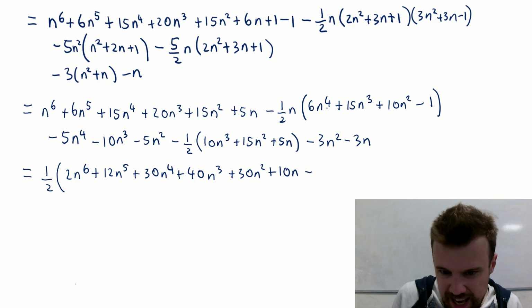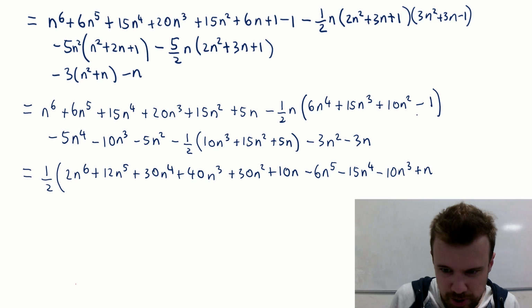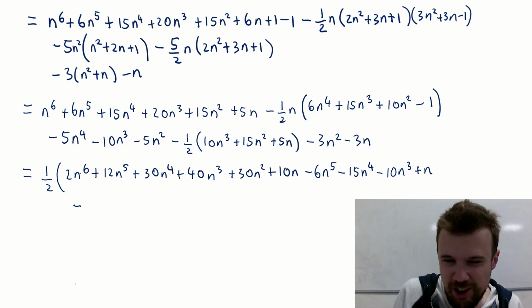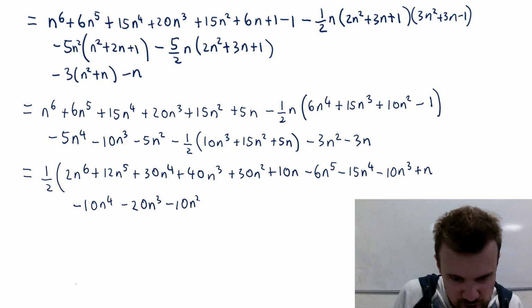Then I'm going to multiply the brackets, so it's minus n times all that stuff, which will get me a minus 6n to the power 5, minus 15n to the power 4, minus 10n cubed, and a minus n. Except it'll be a plus n, sorry, because it already was a minus. And then we're also going to get the minus 5n to the power 4 becoming a minus 10n to the power 4, a minus 20n cubed, a minus 10n squared.